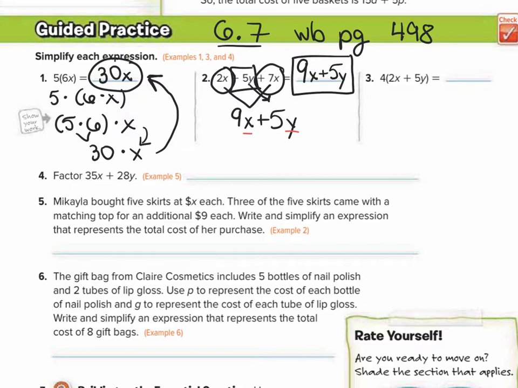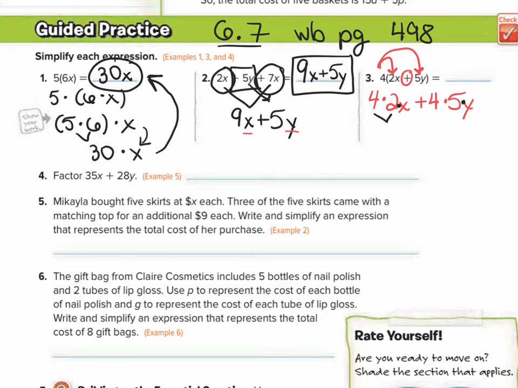Number 3. As you can see, we cannot add 2x and 5y in the parentheses because x and y are not like terms. But what we can do to simplify is get rid of the parentheses. To get rid of the parentheses, we can use the distributive property. That would give us 4 times 2x plus, don't forget, distribute the 4 again, 4 times 5y. Remember, in between here is also just multiplication.